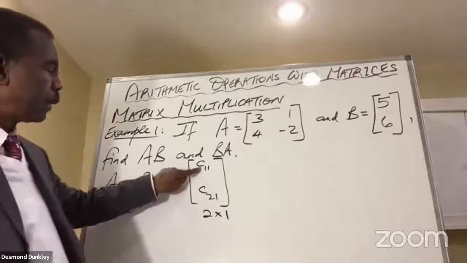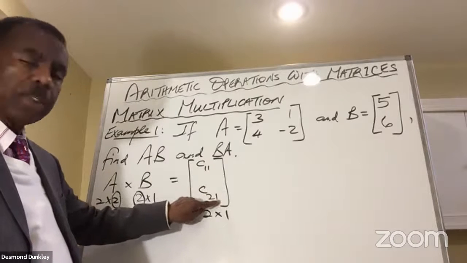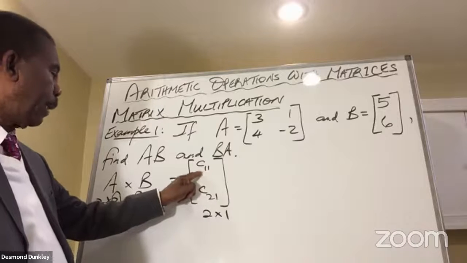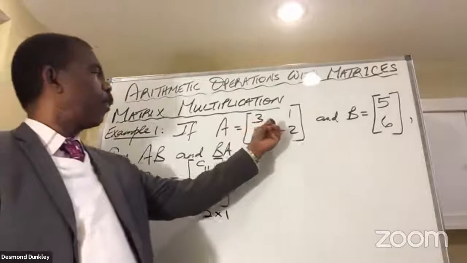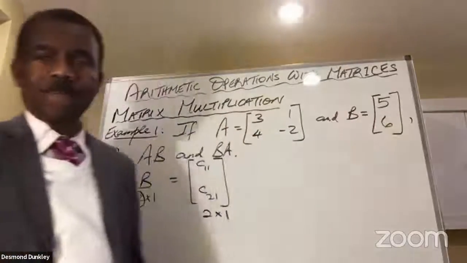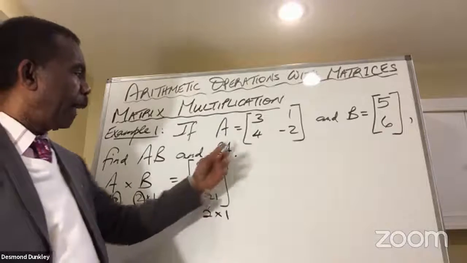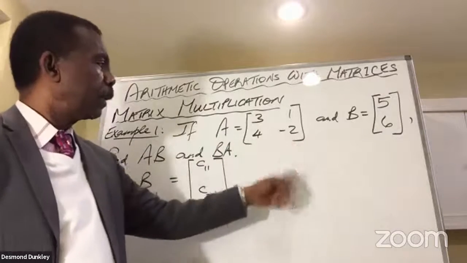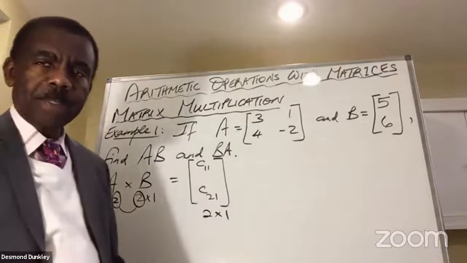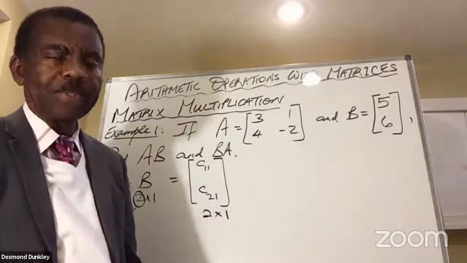So this is the first row, first column. Second row, first column. So this entry is obtained by taking the first row times the first column. This entry right here is obtained by taking the second row times the first column. Second row, first column. And there's no second column, so that will be the end of your multiplication.